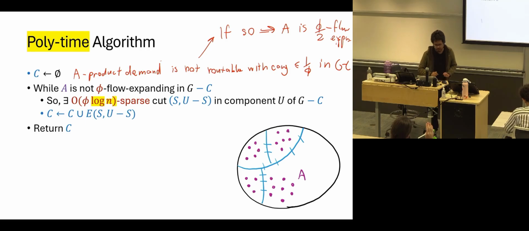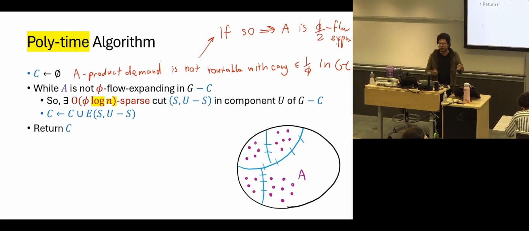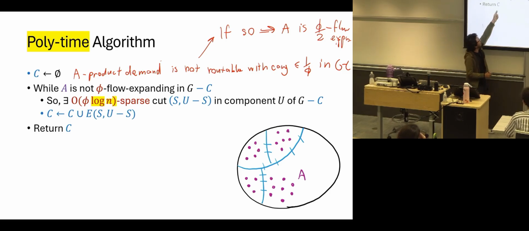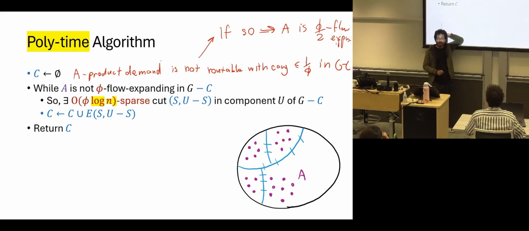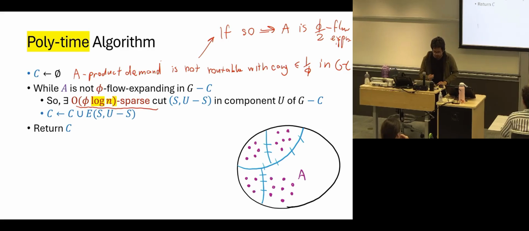But if not, then it's not flow expanding. We have also seen that if it's not flow expanding, we can actually find a cut that is sparse. But how sparse? It's just phi log n. We have seen this in the proof.